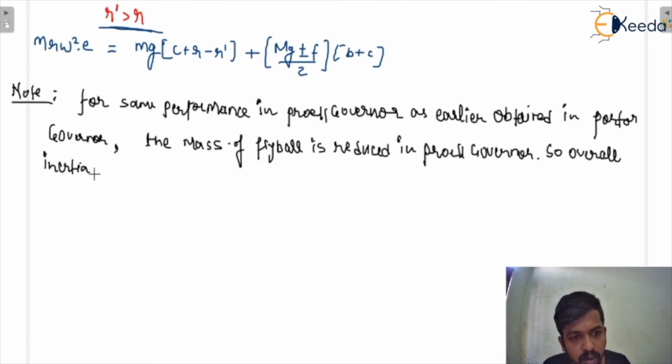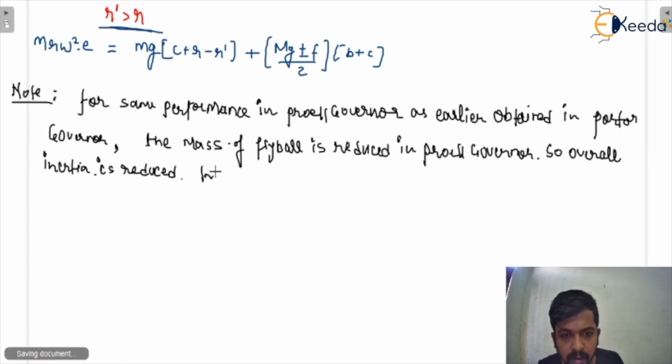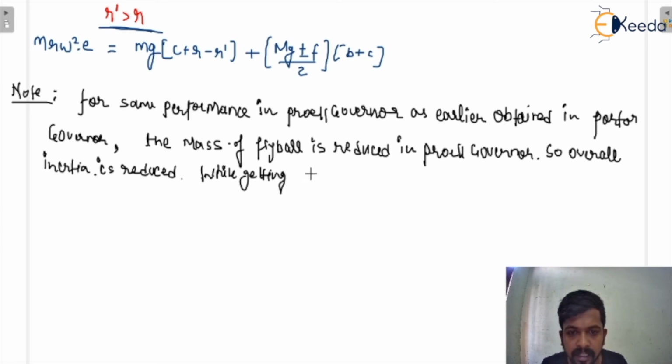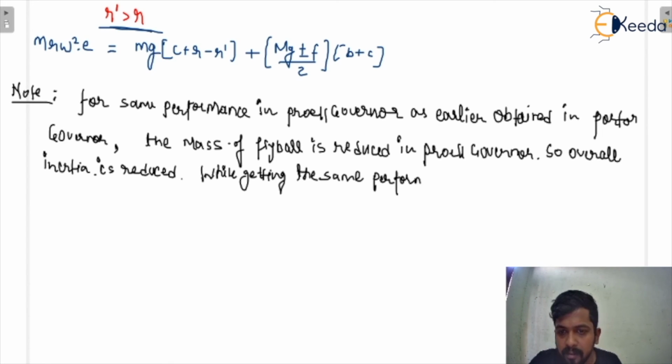So if overall inertia is going to be reduced, then for the same performance, we will use the Powell governor. Since the overall inertia is going to be reduced, while getting the same performance, I'm just writing here: which governor will you use while getting the same performance?